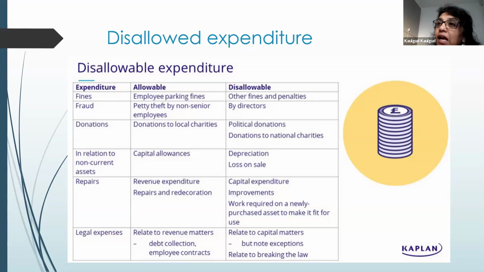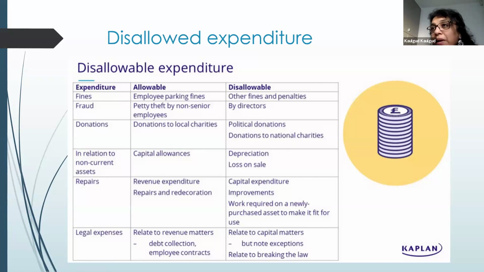So fines, any other fines and penalties that you get. If it is an employee parking fine, it is allowed. Any other fines and penalties, like you have not followed some health and safety regulation, or let us say the company has not paid VAT on time, the company has not paid the national insurance contributions on time.